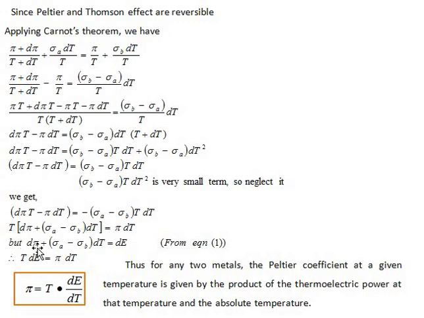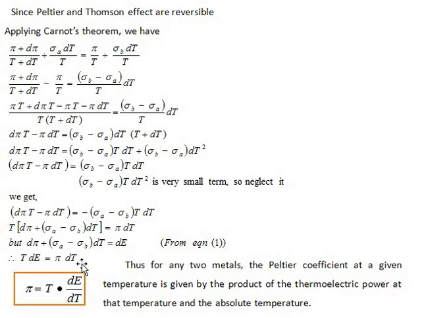But d pi plus (sigma A minus sigma B) into dt is equal to dE, that is thermo EMF, from equation number 1. Substitute this in the above equation, so it becomes T into dE. This equation: dE is equal to pi into dt.